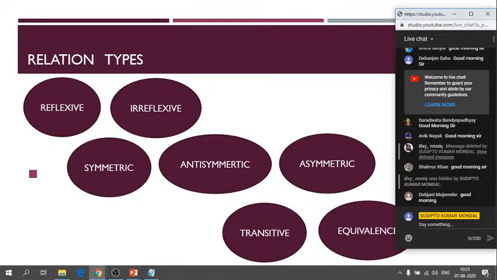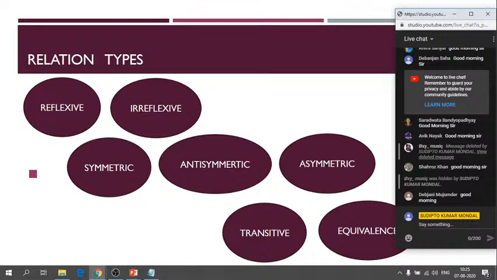These are the things we have discussed. So the overall idea of relations right now in our mind is that it is a subset of Cartesian product. Then in today's class we'll discuss different types of relation.